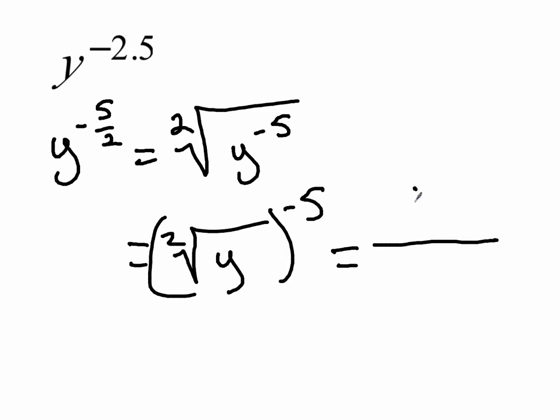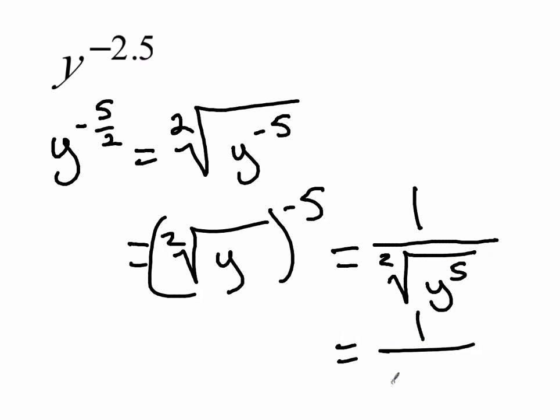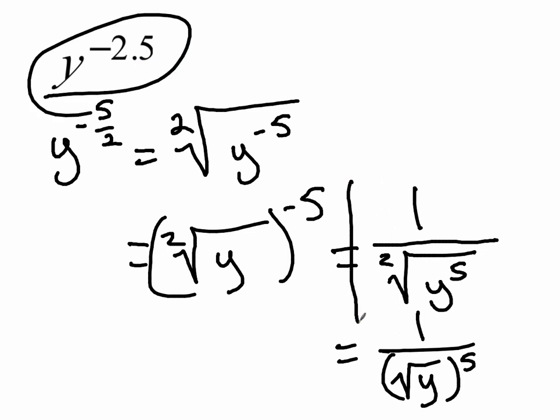So this is equivalent to 1 over the square root. I don't have to write the 2, but I'm writing it here just so you can see the pattern of y to the 5th. Or I could say it's 1 over the square root of y raised to the 5th power. These two expressions are equivalent, and that's the way that you would write this expression with a radical. I prefer this form, just you don't need to write the 2, so don't write it.